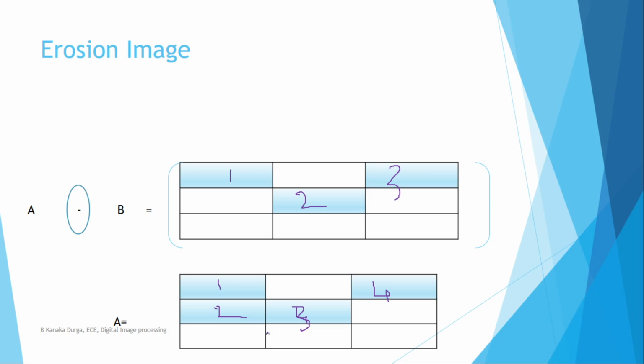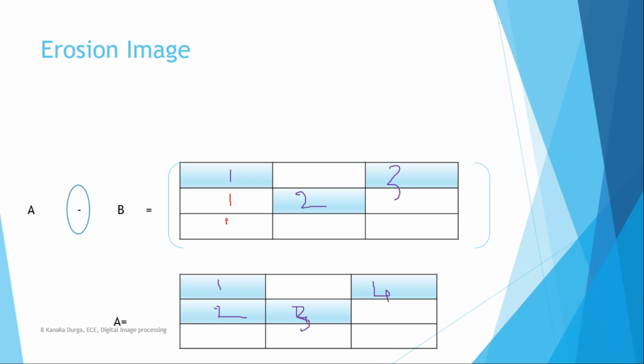So the erosion is going to decrease the size of the object. That is the main observation. When you compare the sizes of the objects, they decrease when I apply the erosion operation. Indirectly, if you look at what happens to the background, since it is complementary, either 1 or 0, if it is 1 it goes to 0.